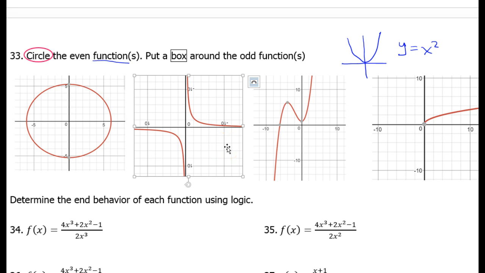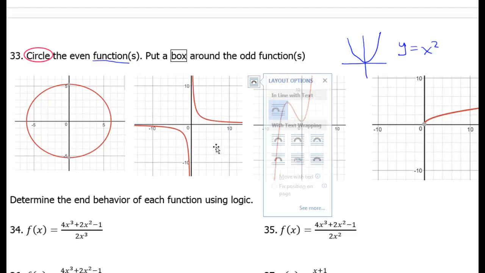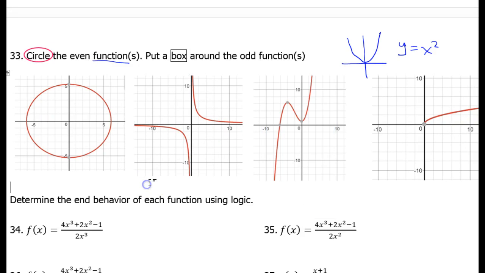Watch, I'm going to hit Control Z right now, which should snap this back to the way it was before, and you'll see that it didn't change. Bam! Okay, so if you turn it upside down and it still looks the same, it's an odd function. Of course, it has to be a function. It needs to pass the vertical line test.